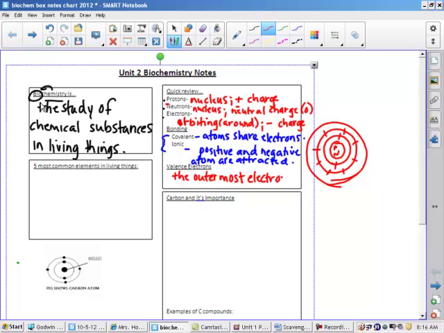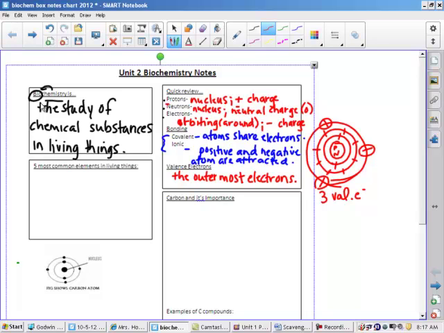So they're the ones that are furthest away from the nucleus. Okay, so in this example, let's just add a couple more electrons on the outside. Let's say it has 3 valence electrons in this example. Okay, because you can see it has 1, 2, 3 on the electron ring that's furthest from the nucleus.